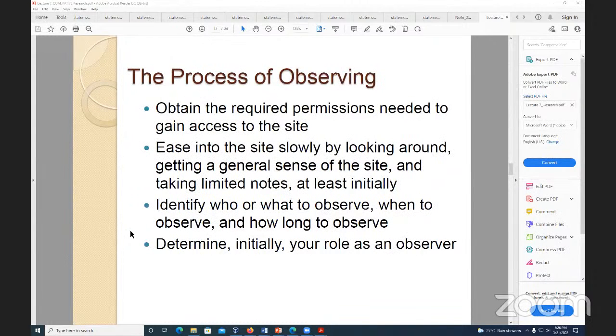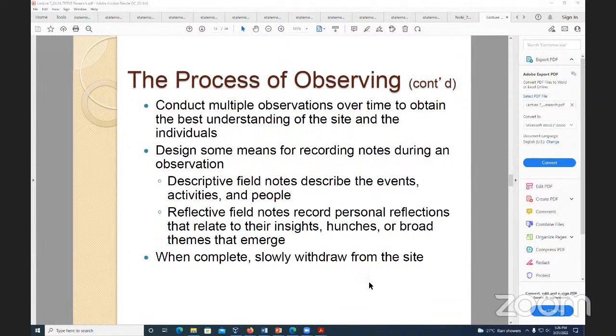So in observing, after you get the permissions, no matter what, you're not going to just rush in doing the observation. You need to figure out who you're observing, when to observe, how long to observe, so that you won't make people uncomfortable where possible. In order to conduct multiple observations, you need to understand the site, especially if it's a kind of situation that you're not used to, or they're not used to you, and you need to take notes.